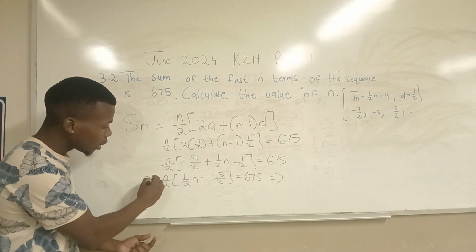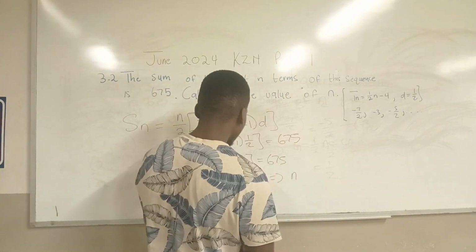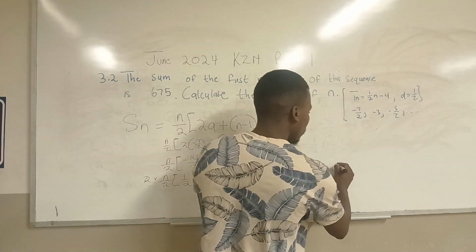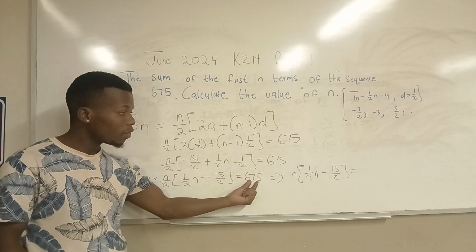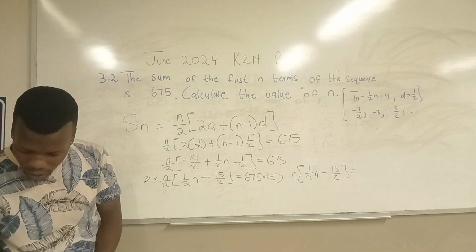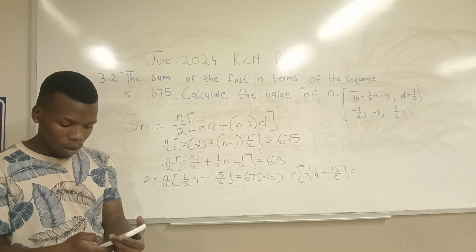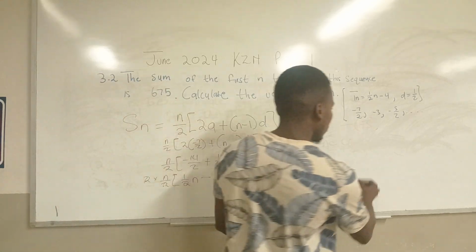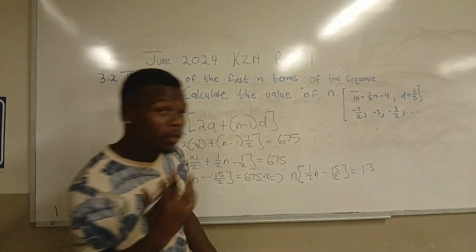This 2 multiplied by this side will cancel this 2. It means I will be left with n, open bracket, 1 over 2n minus 15 over 2, which equals 675 multiplied by 2, which equals 1350.